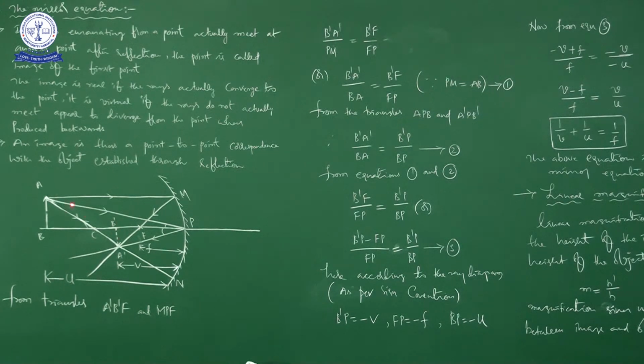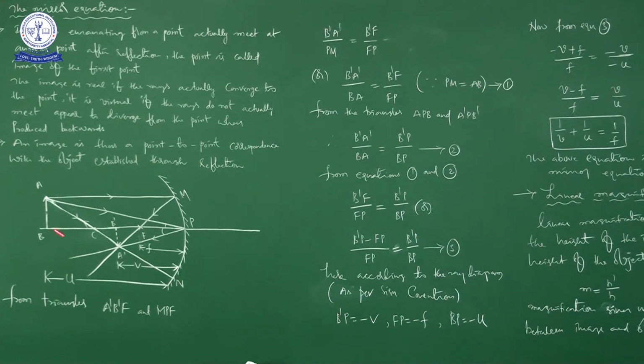So from this pair of triangles, you can write B'A'/BA = B'P/BP.